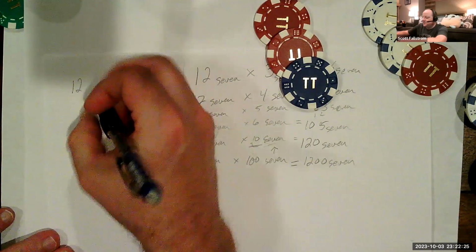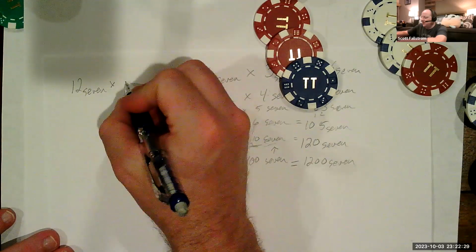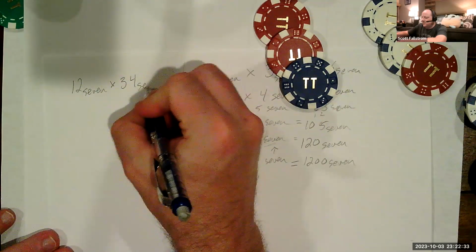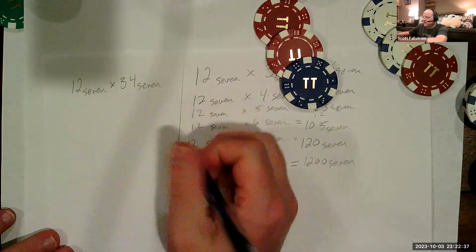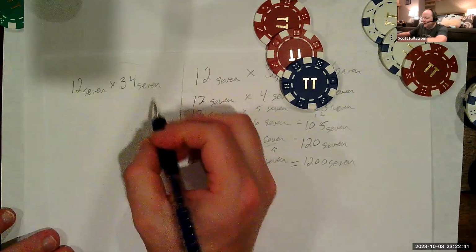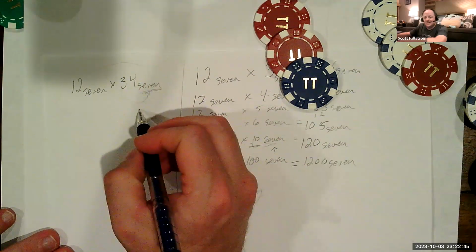I can do 12 base 7 multiplied by, let's see here, 34 base 7. So what do I need to do this multiplication? Yes, I really could come over here and say, okay, 3 times 7 is 21 plus 4 is 25.